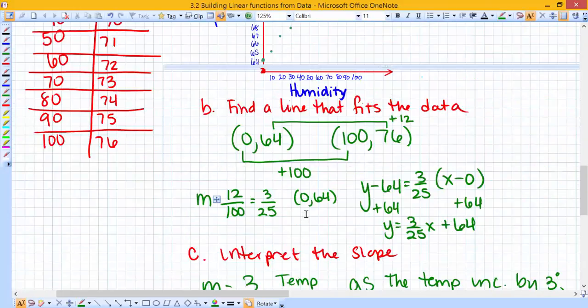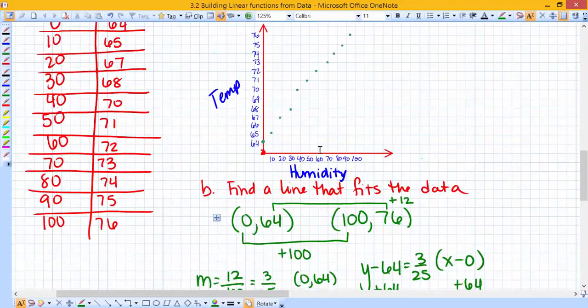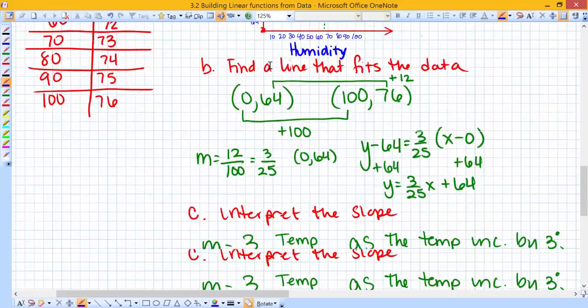Or you can use your graph. You can go over to 65 and then go up and try and find that point that's going to be somewhere here, so it kind of fits with everything else. So here's where that extra point falls, and then I go over and my temperature is about 72 something.